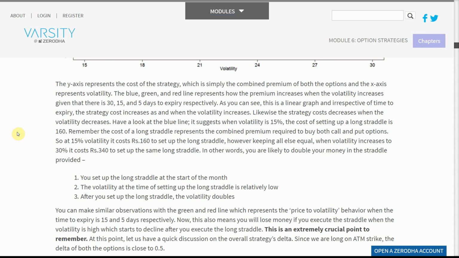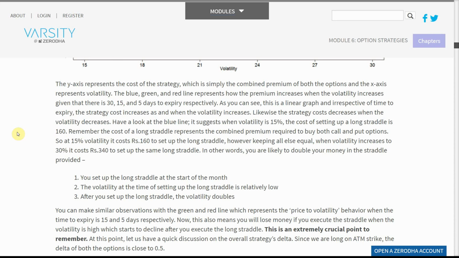So at 15% volatility it costs 160 rupees to set up the long straddle. However, keeping all else equal, when volatility increases to 30% it costs 340 rupees to set up the same long straddle. In other words, you are likely to double your money in the straddle provided you set up the long straddle at the start of the month.